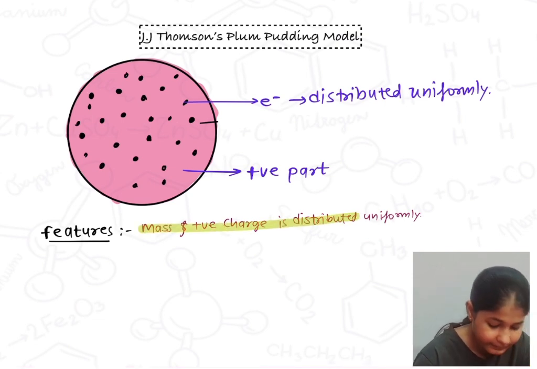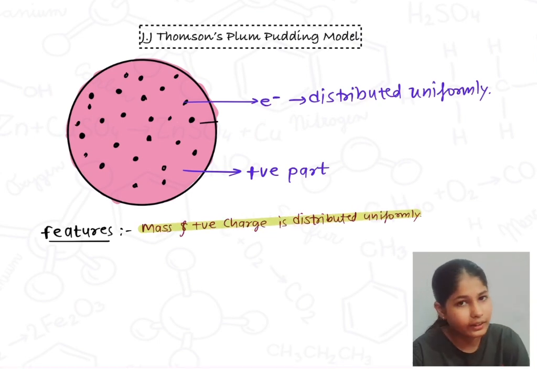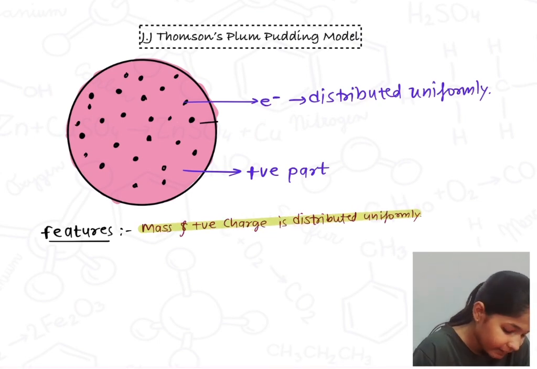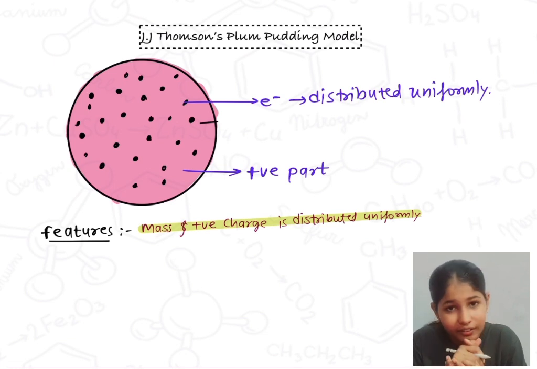This statement given by him is totally correct and used till now. But as I have already asked, how can the negatively charged particle and positively charged particle live together?